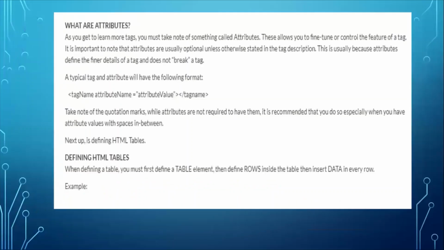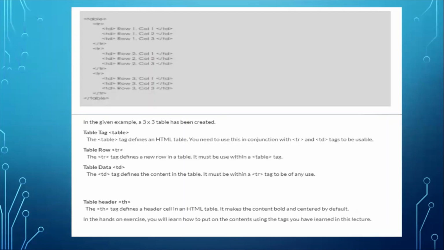Okay, so those are the different tags that we can use if we want to give emphasis when we're dealing with text in our website. This table tag, table row, and table data is just like our ordered list, but they are listed in tables and rows.